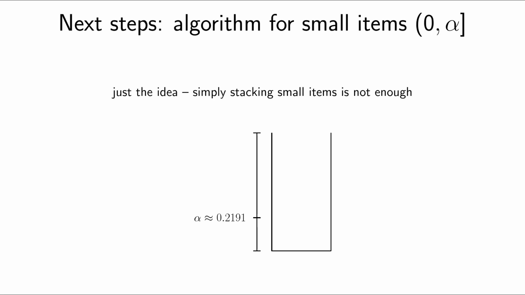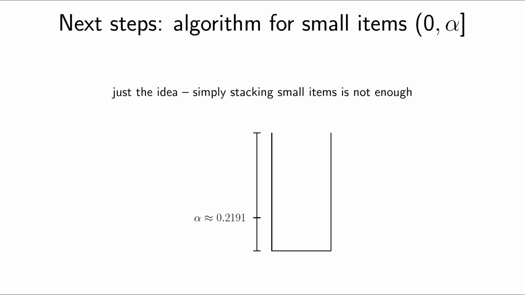Finally, we sketch what the rising algorithm does for small items. Similarly to medium items, we never reject a small item for exactly the same benefits. The medium approach does not work for small items, and new ideas are needed.